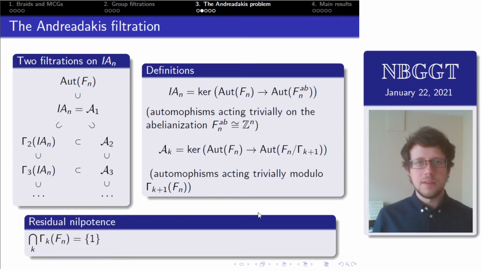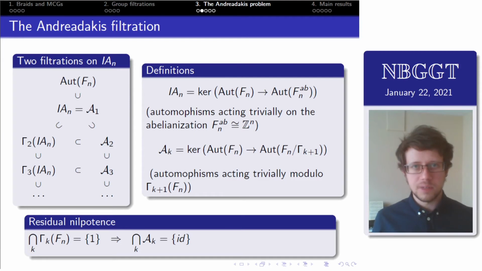We know that the free group is residually nilpotent, which means that the intersection of its lower central series is trivial. So a direct consequence of this is the fact that the intersection of the A_k of the Andreadakis filtration is also trivial, because if you are in A_k, then each element of the free group gets sent to itself times some element in the (k+1)th term of the lower central series of the free group.